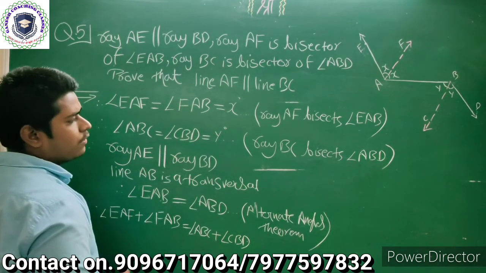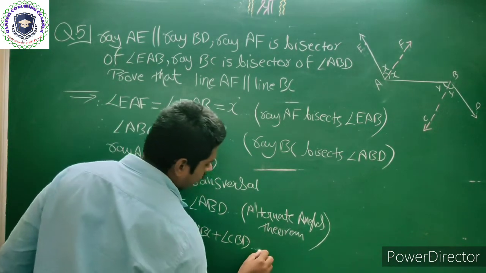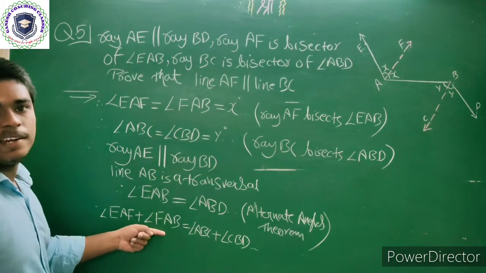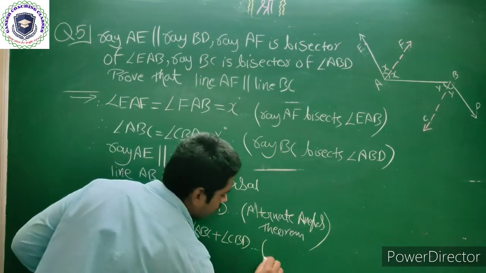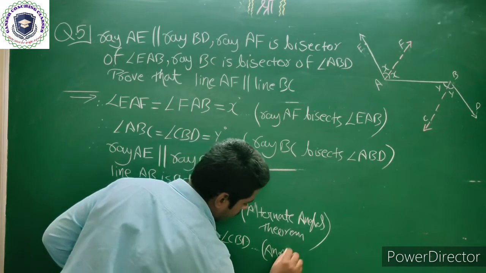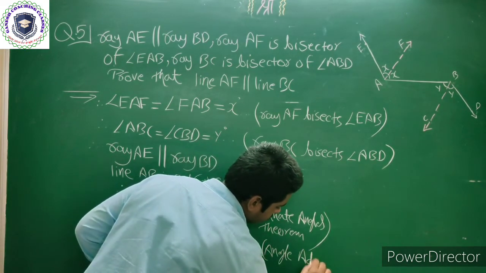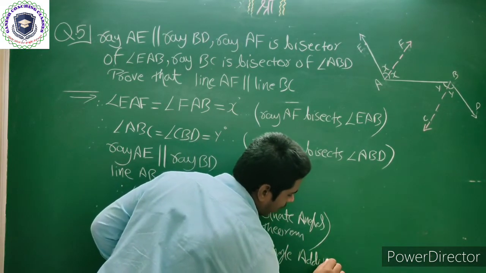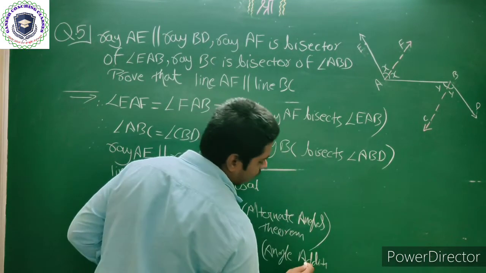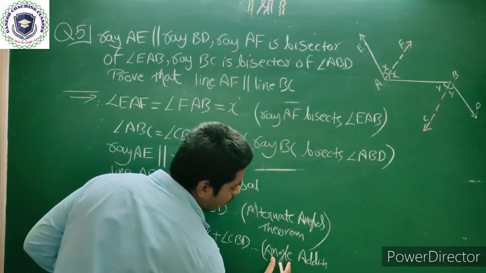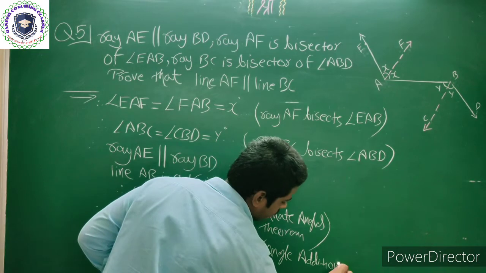What reason can we write here? Angle addition property, because two angles are adding and making one angle. So here we use the angle addition property.